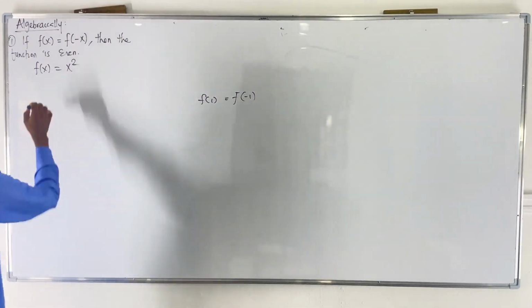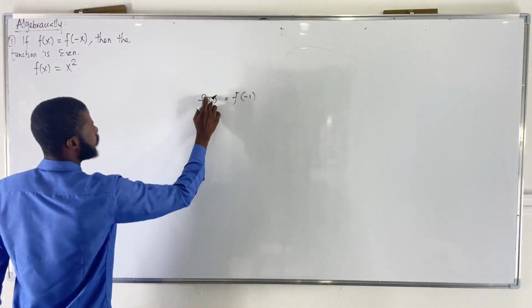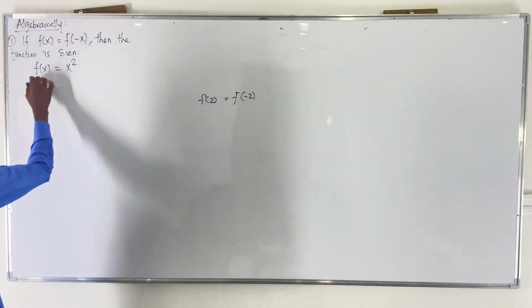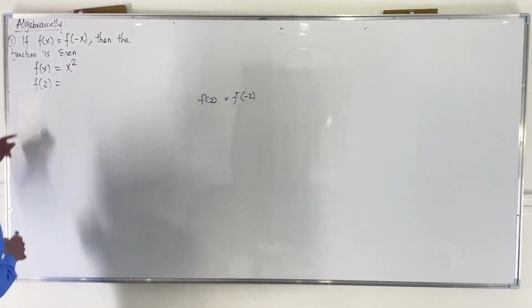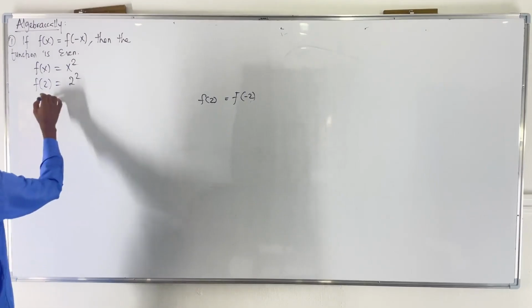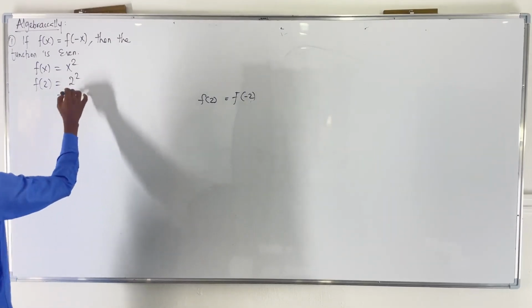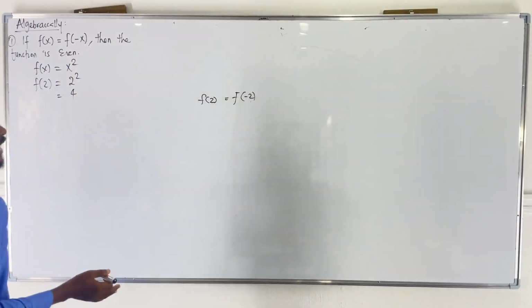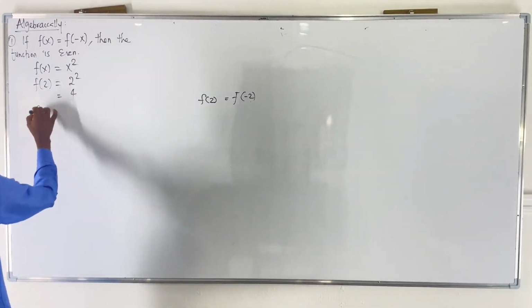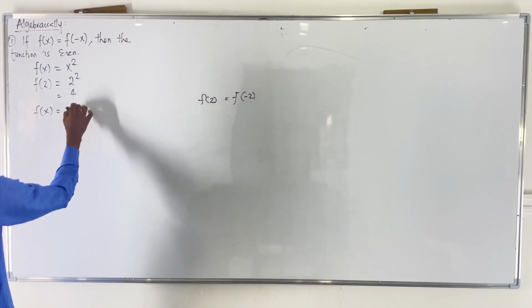Let me even use 2, sorry, I think 1 does not mix. So let's see f of 2. Anywhere I see x, I'm basically going to be putting 2. So this will be 2 squared, which is 4. So you can see that f of 2 gives us 4. Now the next one, f of x is x squared.